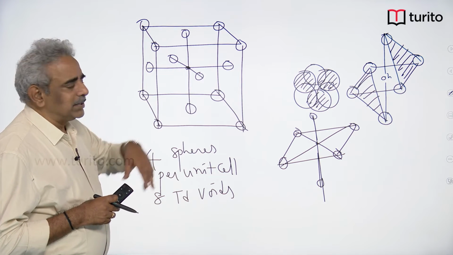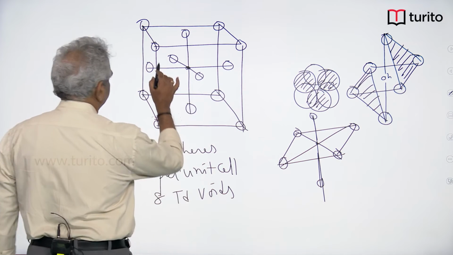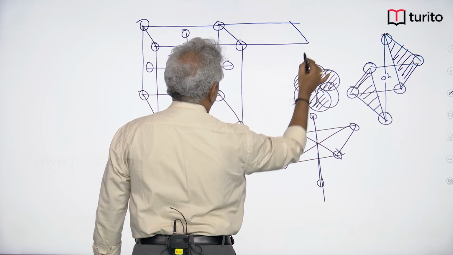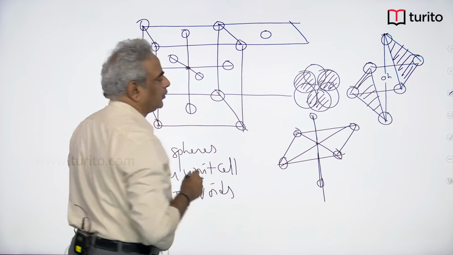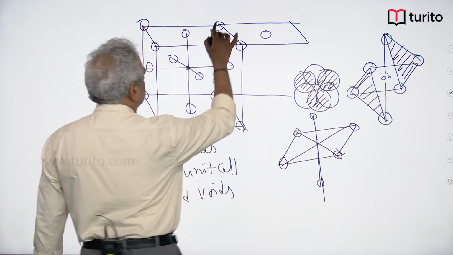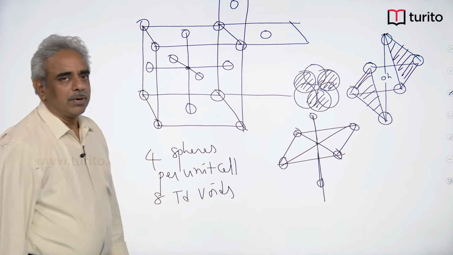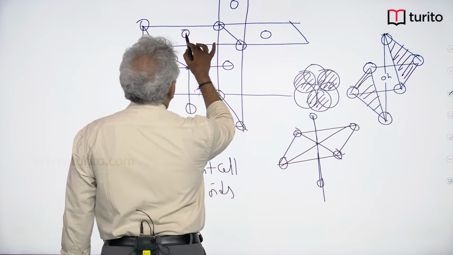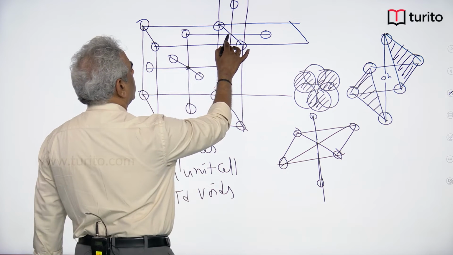Now let us analyze the unit cell completely. I will extend this unit cell. See, like this it goes. There is one more sphere here on the face of that second unit cell, and I will extend it to the top. At the middle of the face there is one more sphere. So if I connect them, I will find one octahedral void here also.